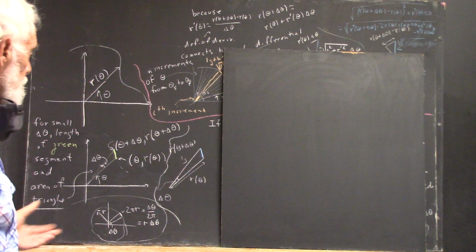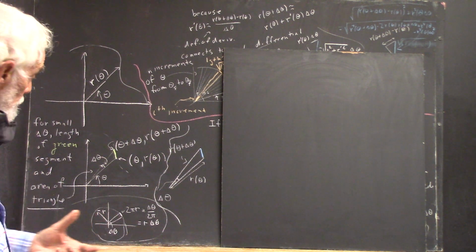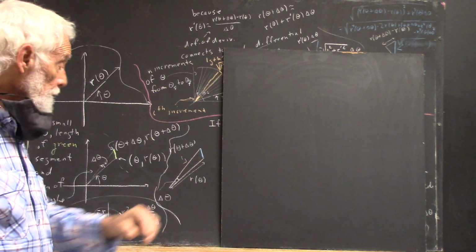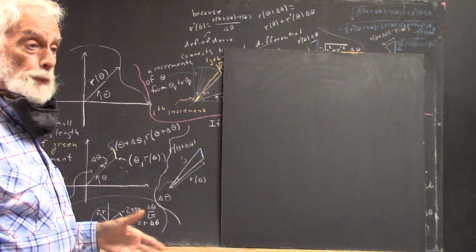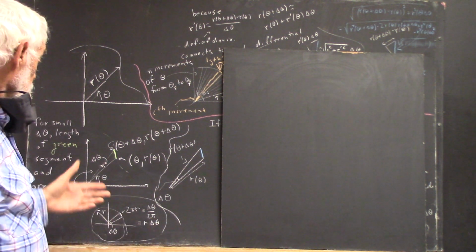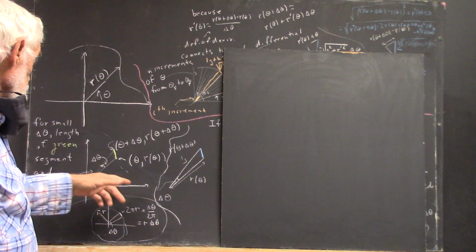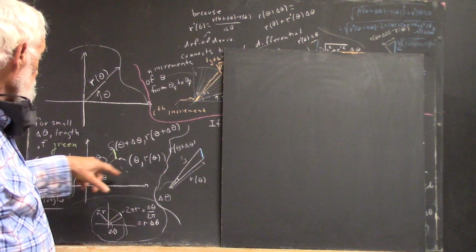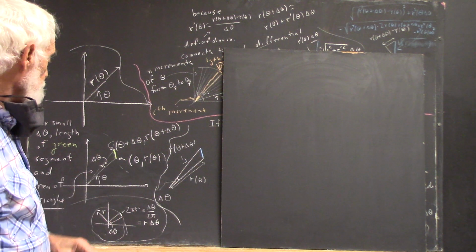Okay, so we're going to try to get to that, to some good approximation, some approximation that becomes exact as delta theta approaches 0. Because then we're going to be able to get expressions that we integrate to get the total arc length and to get the area, total area, between, let's say, the axes and the curve, okay?